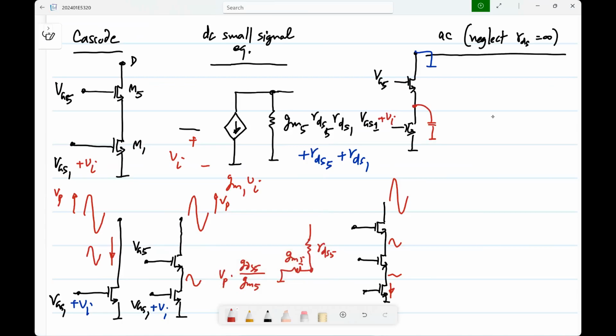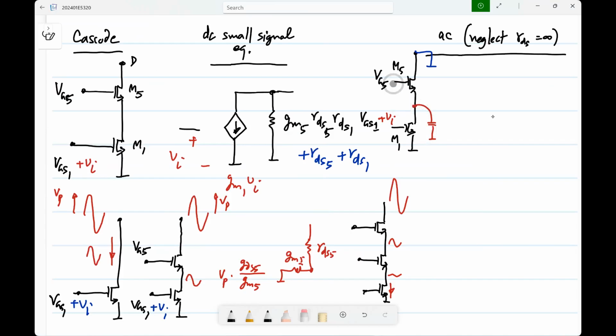That is here. What is the value of that parasitic capacitance? Which transistors contribute to that parasitic capacitance? There is M1 and M5. So you have the drain-bulk parasitic of M1, so CDB1 appears.